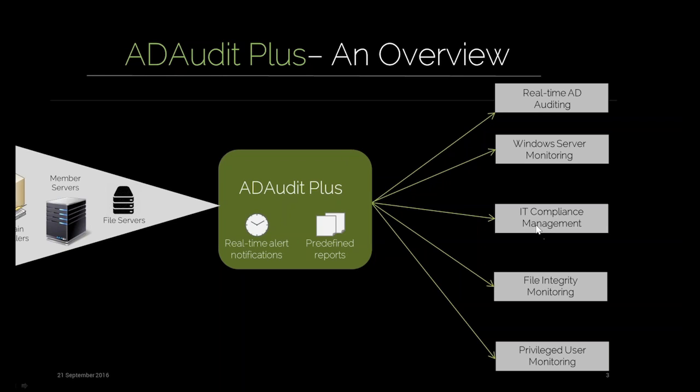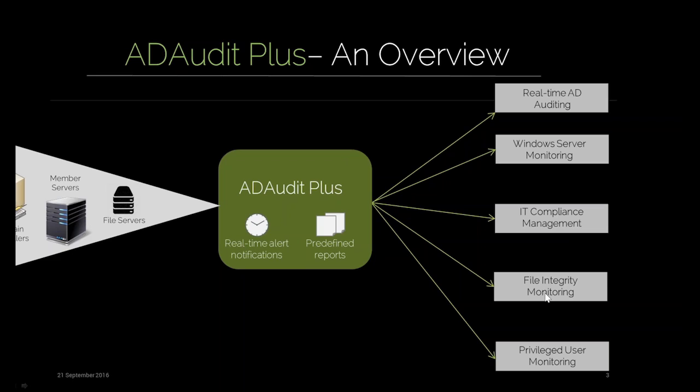And we have compliance reports. We have a separate session where we will discuss all the reports that fall under the compliance category. So that's IT compliance management. And file integrity monitoring: any folder or file that got deleted on any of your servers, the tool can get that information.